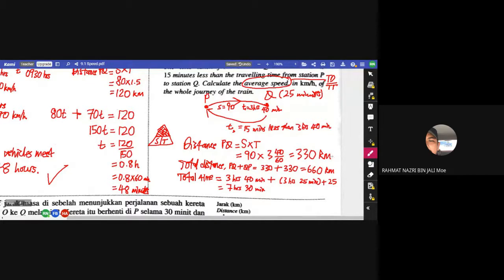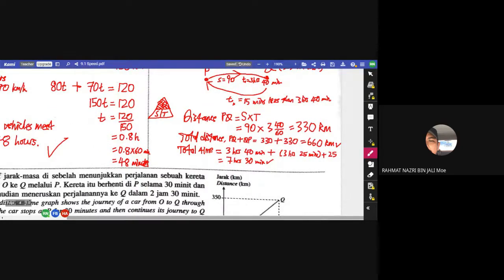Okay, bila kita dah dapat total distance and total time taken, now we're gonna proceed to calculate. Panjang ni, we have a long working for question number 2. So average speed is equal to total distance, 660, divided by 7 hours 30 minutes.